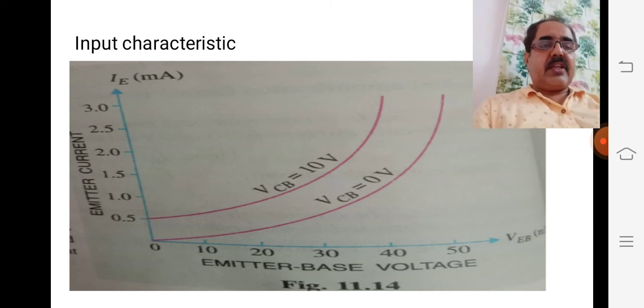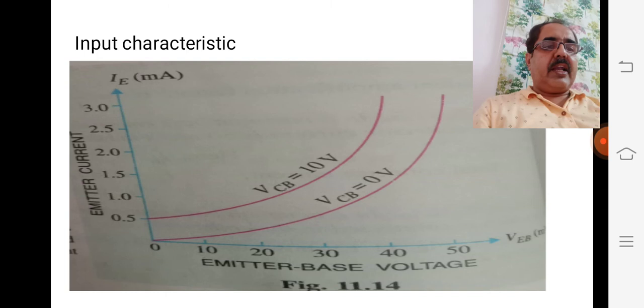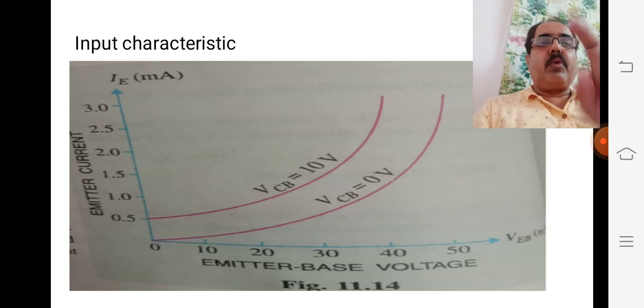These relationships can conveniently be displayed graphically, and the curves are shown in the figure here. There are input characteristics and output characteristics. So here we consider the input characteristics.